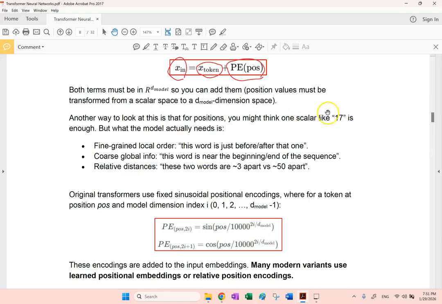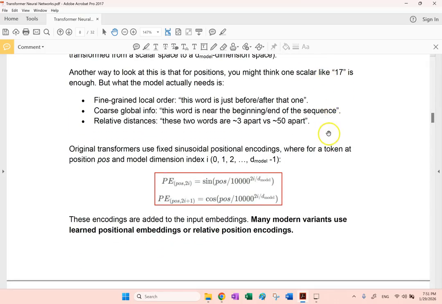Well, the original transformers, they used a fixed positional encoding. Using what? Using sinusoidal functions. They use sine functions and cosine functions, and they encode the position of each token. The new ones, they learn it. The modern versions of the encoders, they try to also learn the higher dimensional vector.